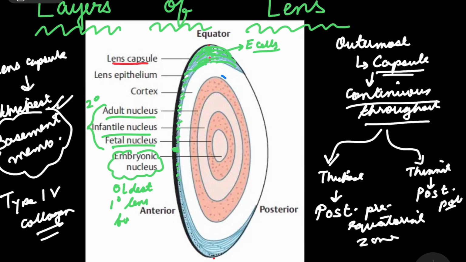It's already labeled over here. You can see that the capsule of the lens is this black colored thing that is surrounding the entirety of the lens. The capsule is the external covering of the lens, continuous throughout, and it is the outer protective covering. It is present more in the anterior, but it is also present in the posterior, although less.